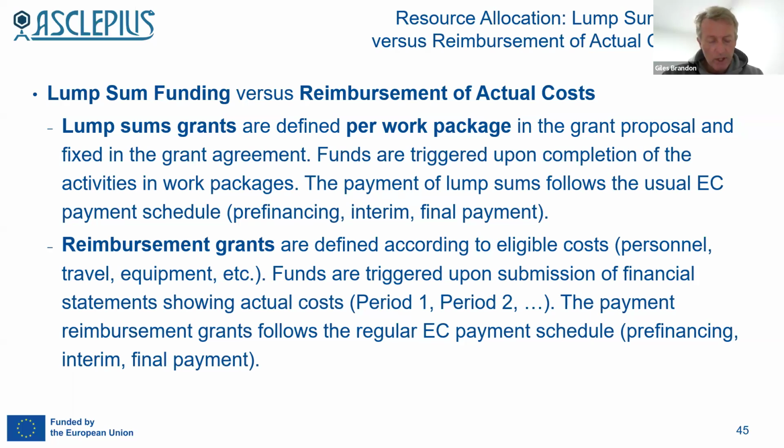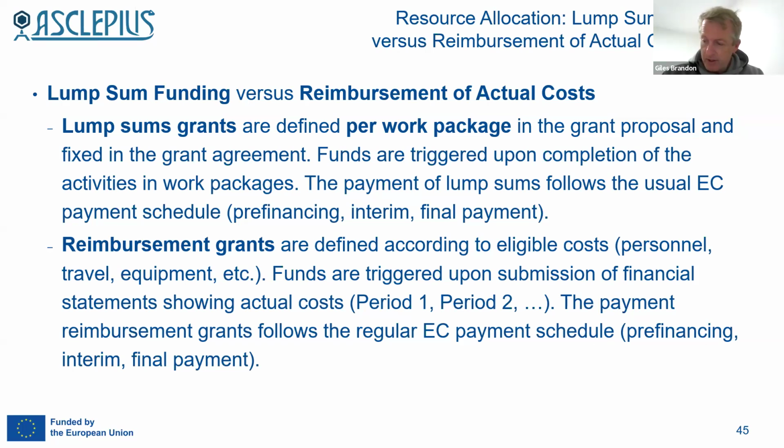It was only at the very end of Horizon 2020, around 2019, 2020, that the Commission introduced some pilot calls where they tested out this concept of lump sum grants. It went well. As a consequence, now in Horizon Europe, there's increasingly a move towards lump sum grants. And in fact, ASCLEPIUS is a lump sum grant funded project.